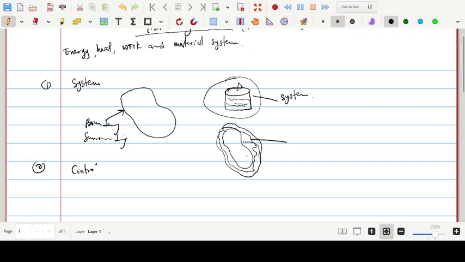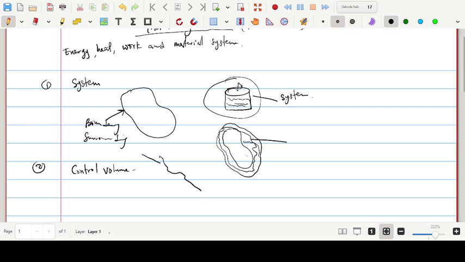Control volume. So a control volume is almost the same thing as an ordinary system, just that what distinguishes a control volume from an ordinary system is that a control volume is used in the case of an open system. So a control volume allows matter to come in.